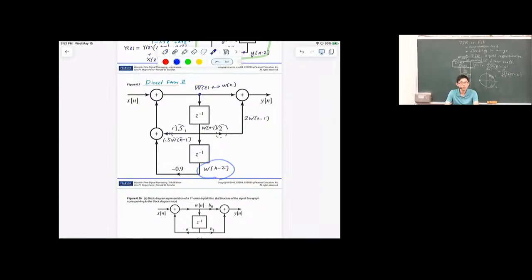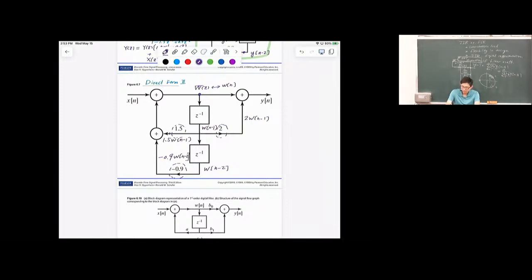With 2 samples of delay, it goes to the left and is multiplied by a factor, so here we have minus 0.9 w of n minus 2.